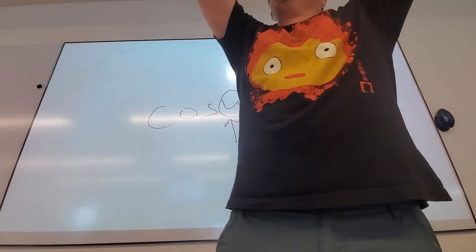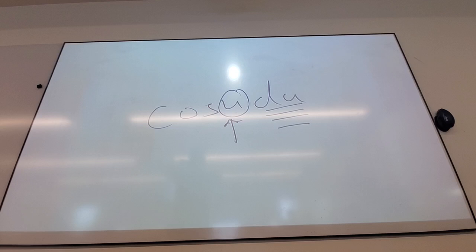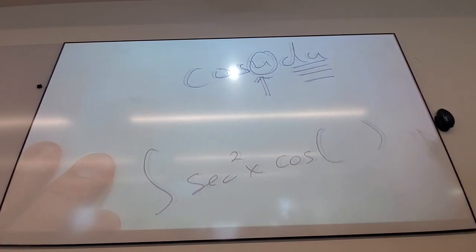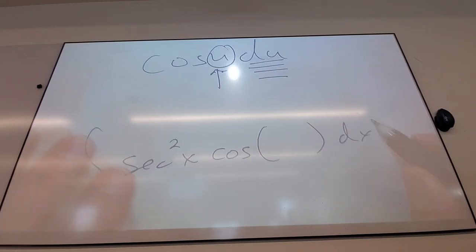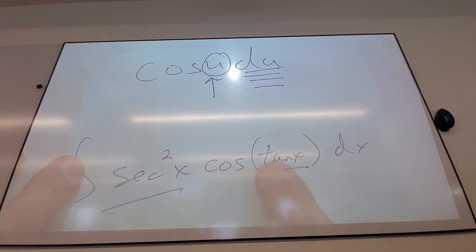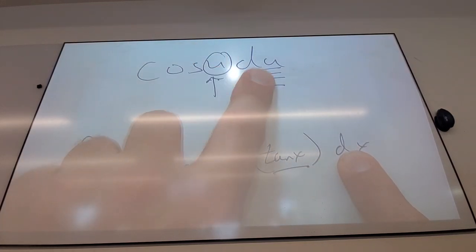So I can integrate anything that looks like that. It would just be sine of u. If it looks like that, its integral is easy. So you could imagine all kinds of situations. If I had a secant squared out in front of cosine, what would have to be inside of it? Tangent. Because what's the derivative of tangent? Secant squared. Yes? So that is in the form cosine of something times d of that something.